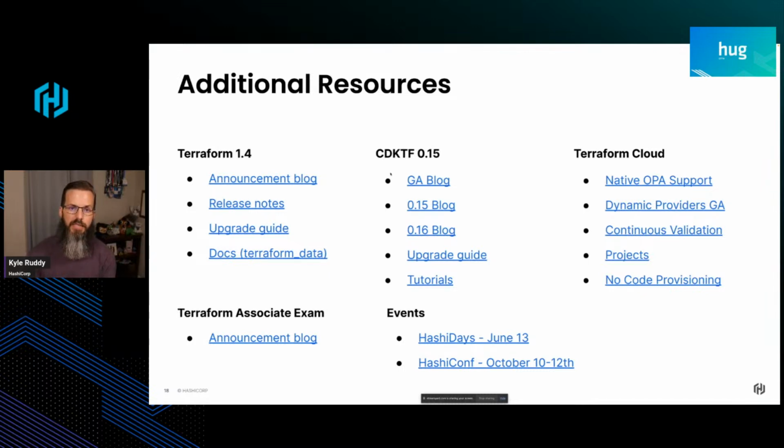And lastly, we have two big events coming up really soon. The first one is HashiDays. This is our European-focused event. It's going to be a single event on June 13th. However, when I say single, it's also multi-city. There's going to be an event in Paris, in London, and in Munich.